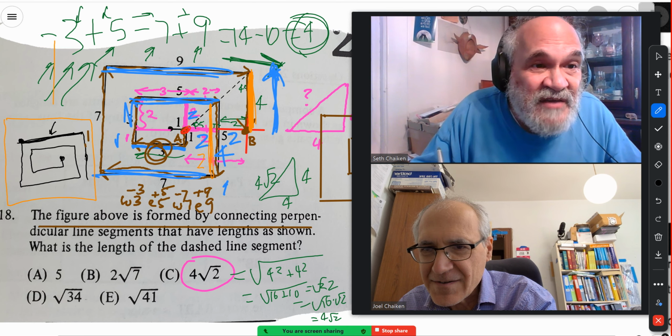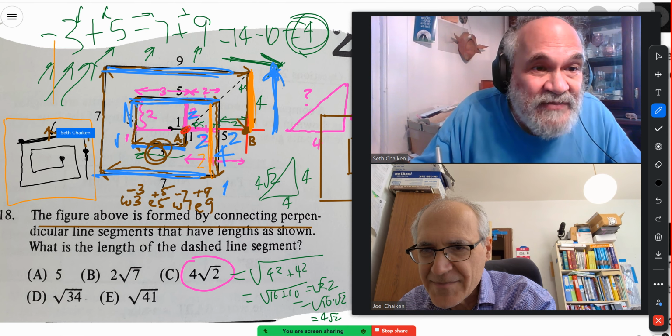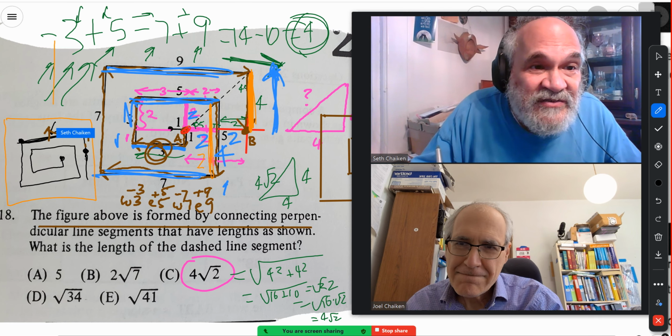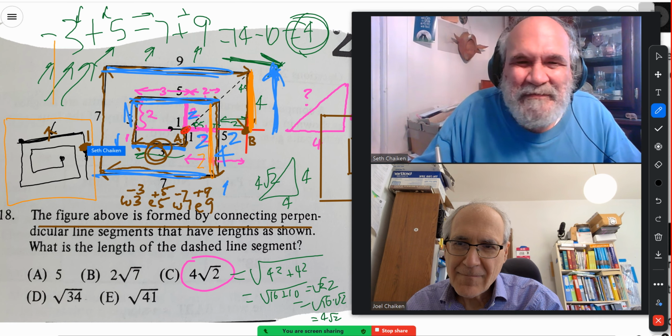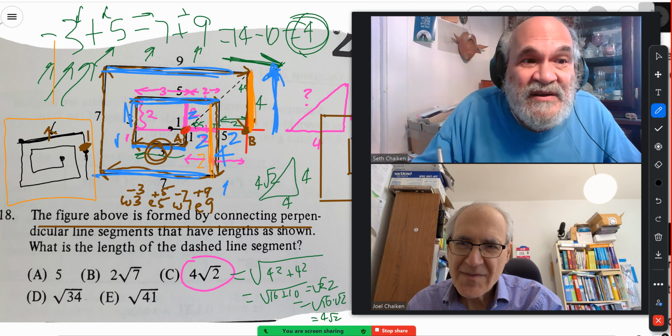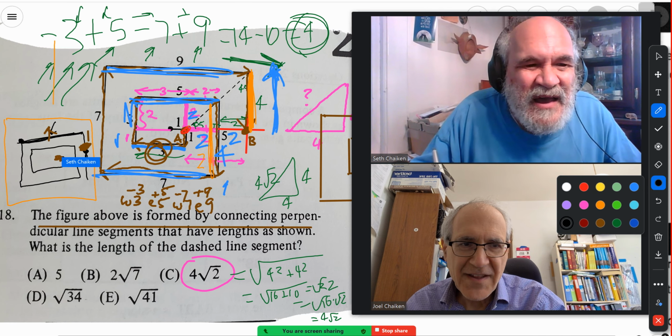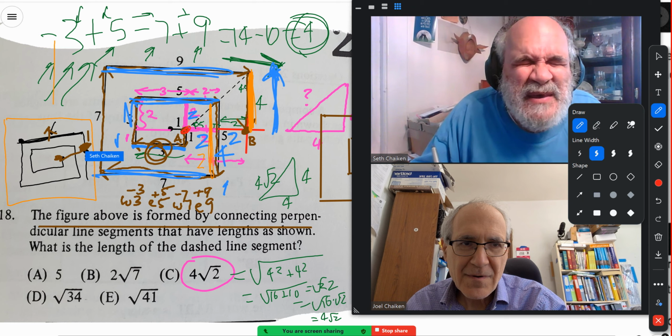That would cause this dot to be high relative to the starting point. So then this line would not be horizontal.